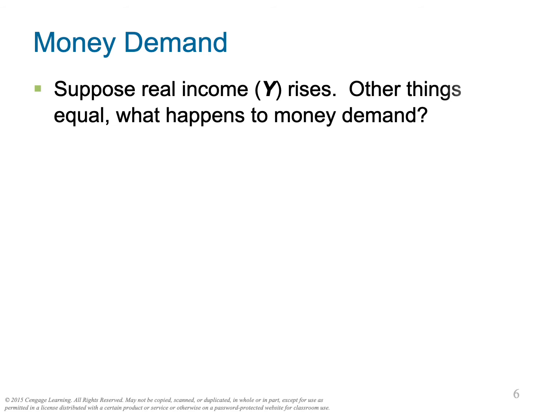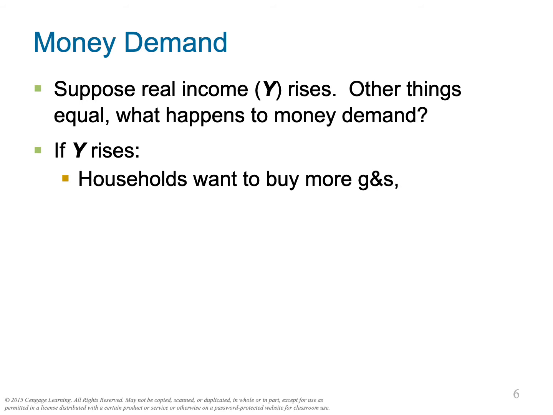Okay, so let's think about money demand a little bit more. So suppose that real income, or GDP, goes up. Now, assuming that everything else stays the same, what would happen to the demand for money? Well, if real income rises, then people want to buy more stuff. And in order to buy more stuff, you need more money. Right?